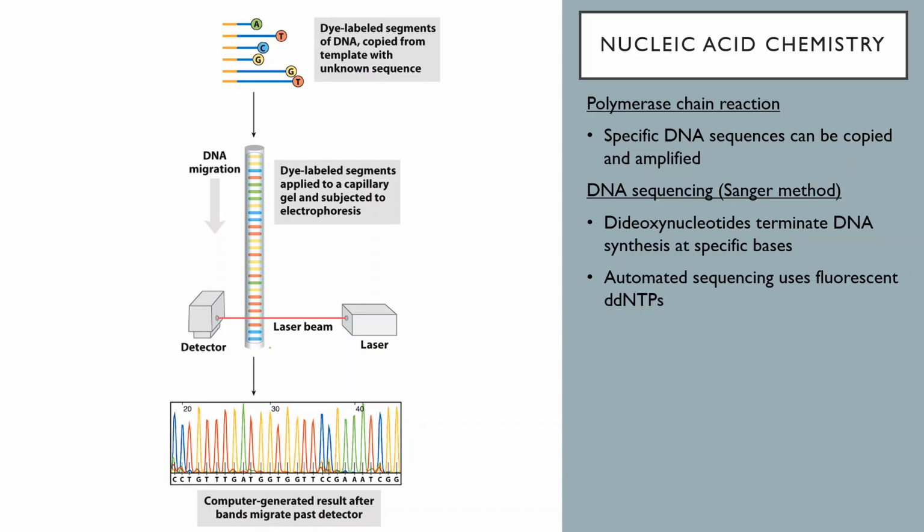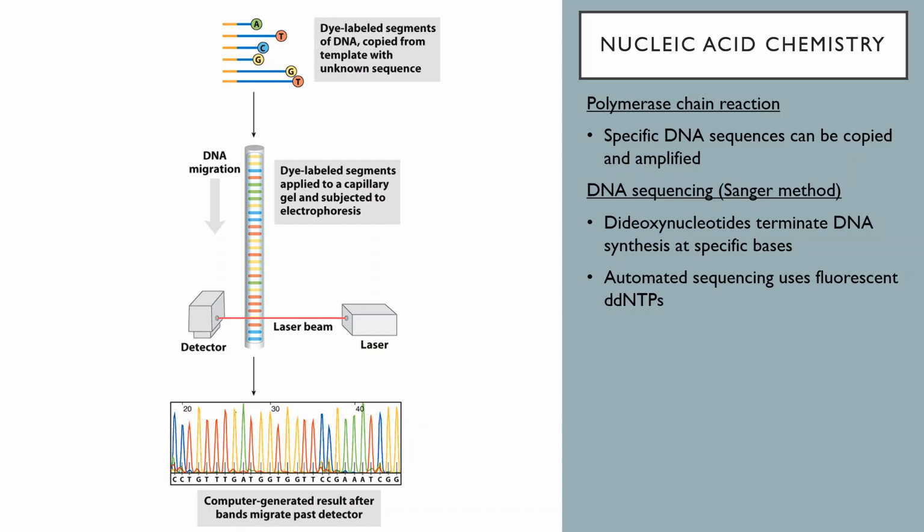Each fluorescent tag will fluoresce at a different color that you detect with a detector, and then that can be attached to a printer or computer, which creates a printout like this, basically a graph that corresponds to the intensity that the detector detected for each different wavelength. And so each peak corresponds to a different base.